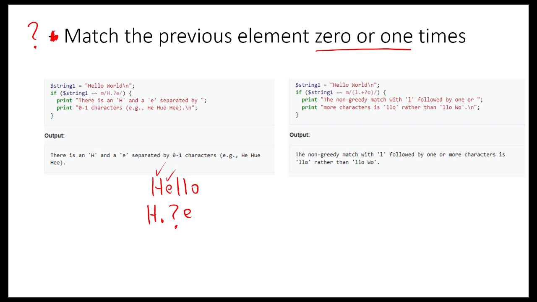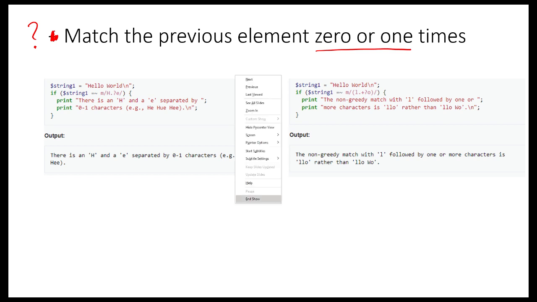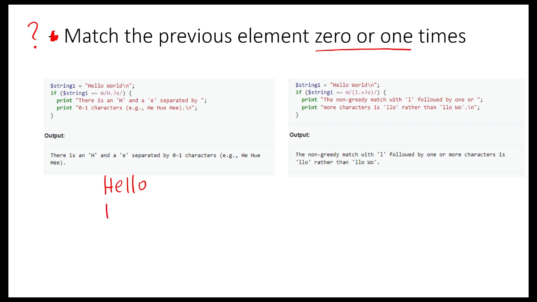and then the question mark says, well, let me backtrack. So if I wrote hello, and I wrote my regular expression as H dot E, this would fail because the H would match the H and the dot would match the E, and then the E would have nothing to match.